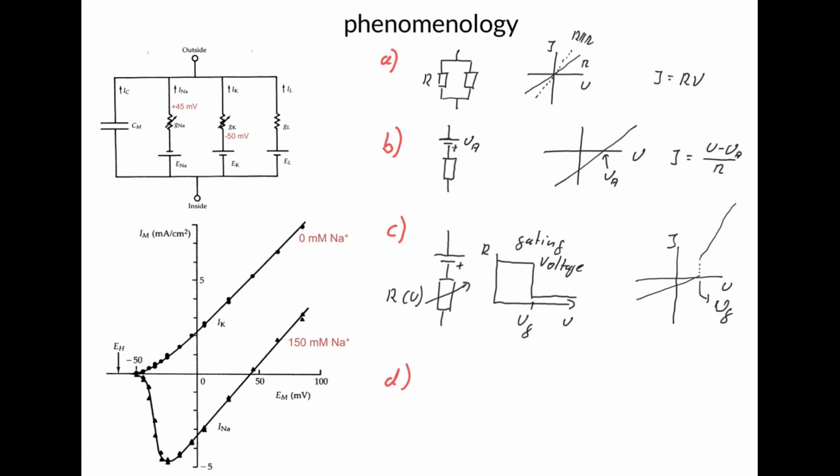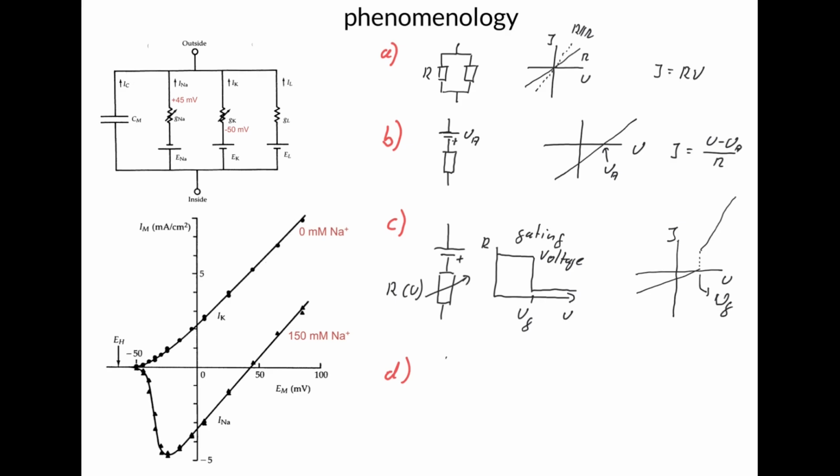Now, if we further assume that this switch from one resistance to the other is not a steep switch, but it's somehow gradually changing from one to the other, you could easily imagine that this will lead to some smooth curve that much better reflects what you see in the experiments at the left.